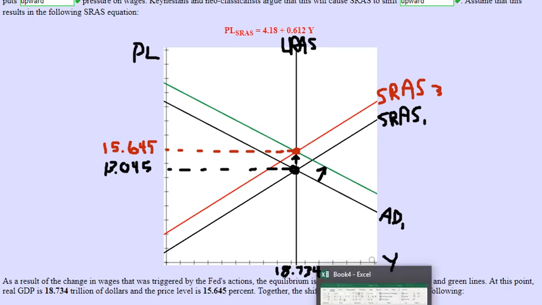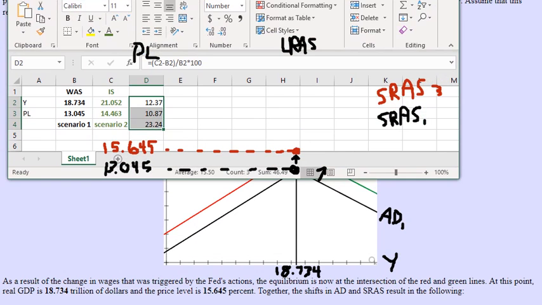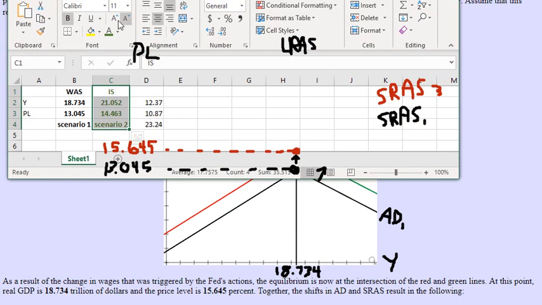I'm going to go ahead and open up Excel, because I have to change the numbers. We're ignoring scenario 3, so I'm going to change this to scenario 2. I'm going to change it to scenario 3. So in scenario 3, the price level ends up being 15.645, and the GDP ends up back where it started at 18.734.